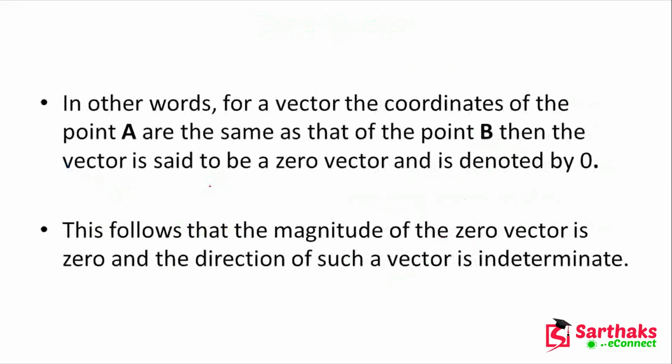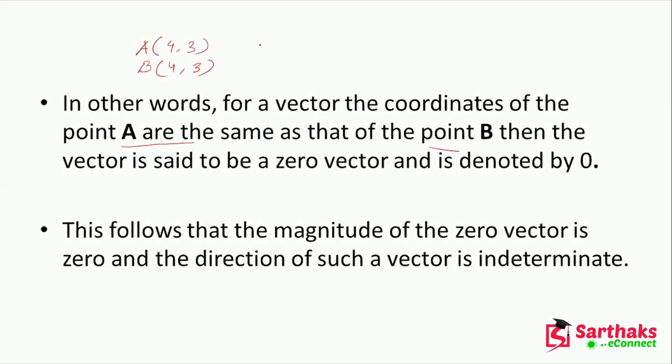So next we will move to another thing, that for a vector, the coordinates of the point A are the same as that of the point B. That means suppose the coordinate of point A is 4, 3 and the coordinate of point B is also 4, 3.